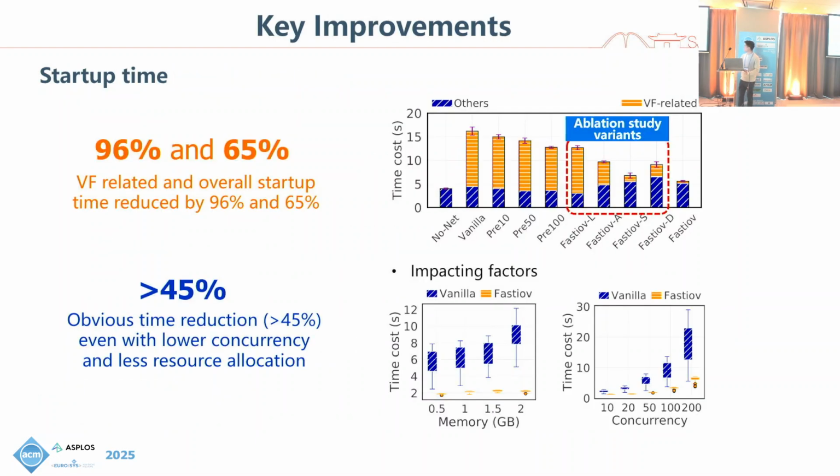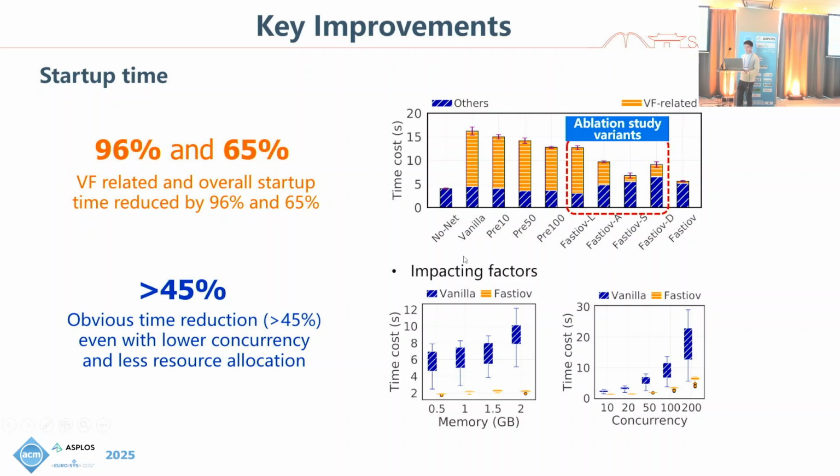Our evaluation results show that our design can significantly reduce the overall start time of the container. Specifically, we can cut the time cost related to the virtual function by over 90% and reduce the overall start time by 65%. And our ablation study shows that each component of our design contributes meaningfully to the overall acceleration.